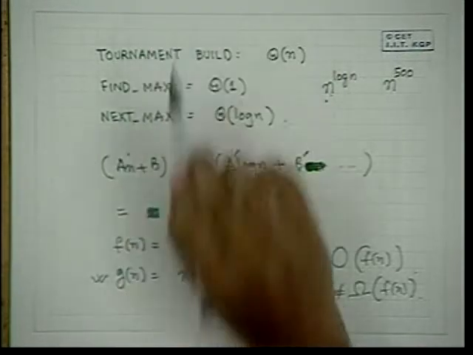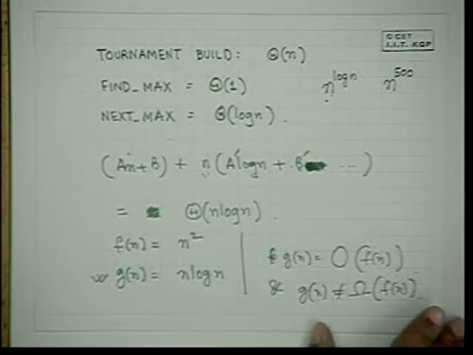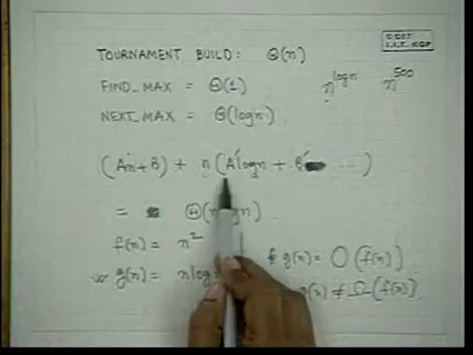So we have got this tournament sort is order n log n algorithm, therefore it is more efficient in asymptotic worst case complexity than an exchange sort. But if you take 100 elements, maybe you just don't know, because the constants may be very big here.